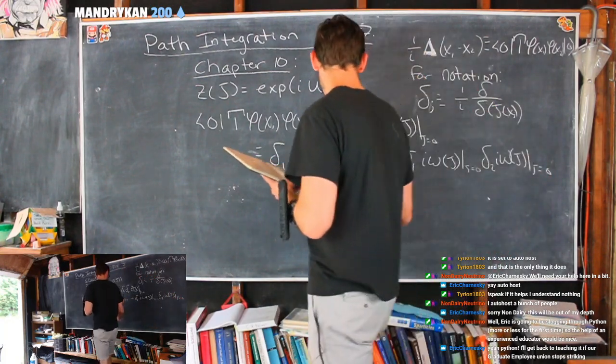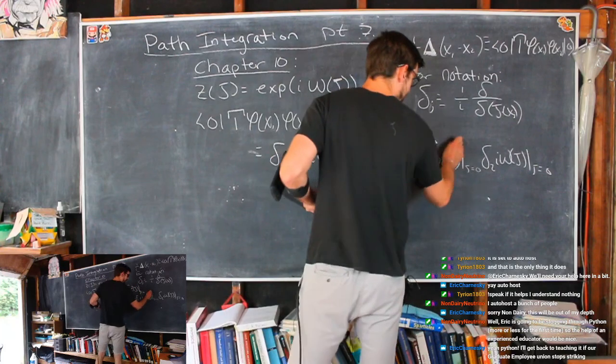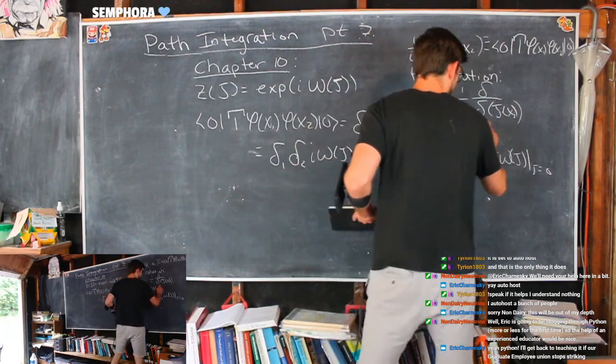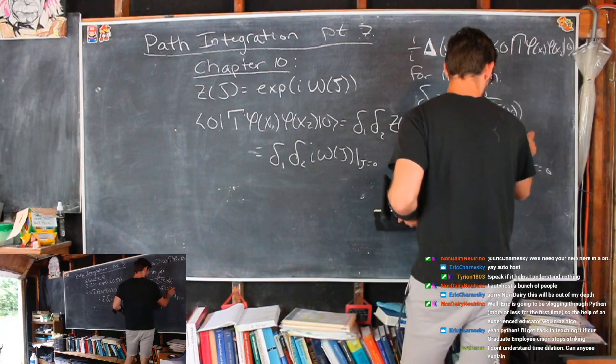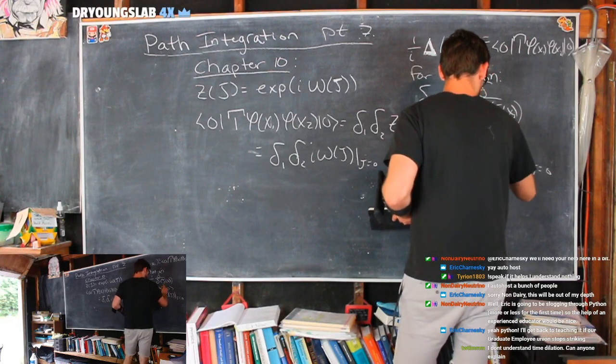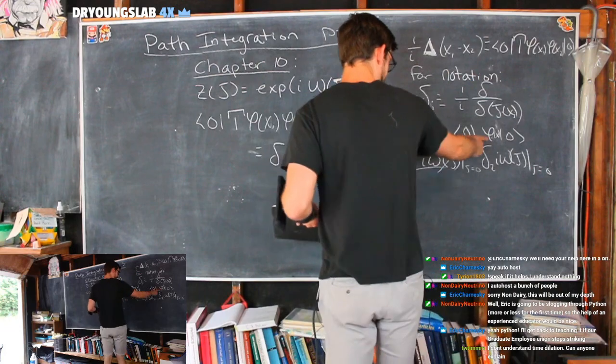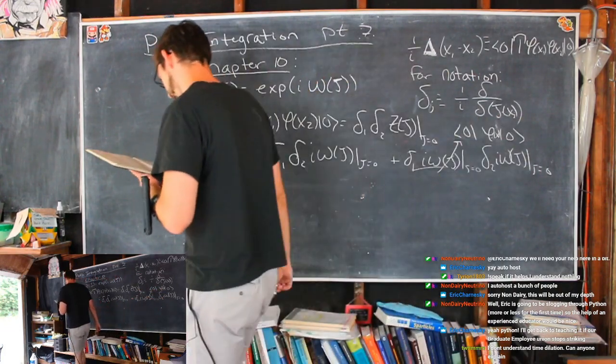And then these are all 0 because the vacuum expectation value of just psi of x has to be 0. That was what we talked about before. If you were to actually calculate this, you would find you'd get this inside, and that has to be 0. Okay, so it's going to be 0.